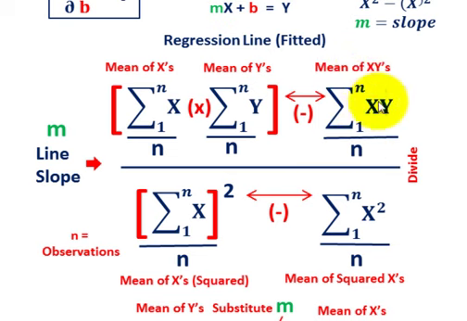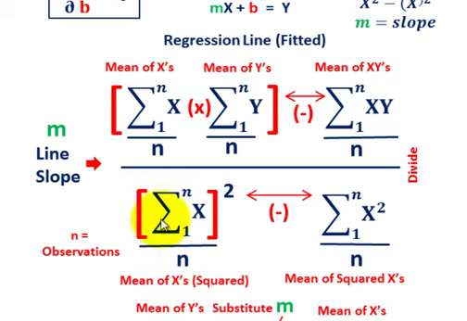So you subtract that value from the mean of the x's times the mean of the y's. Subtract that, and that gives you your numerator value. Then in your denominator, you take the mean of the x's squared.